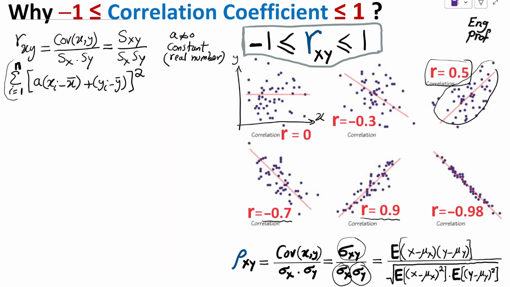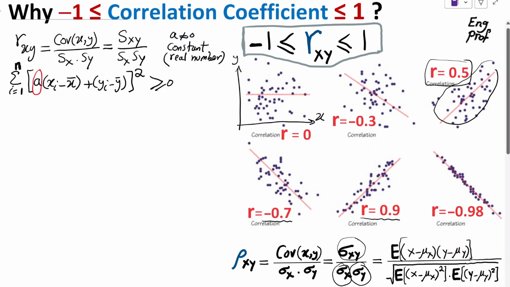Because it's a summation of n things that are raised to the power 2, obviously the whole thing is greater than or equal to 0. We know that, and it is independent of the value of a, as long as a is a non-zero real number, positive or negative, then this holds.